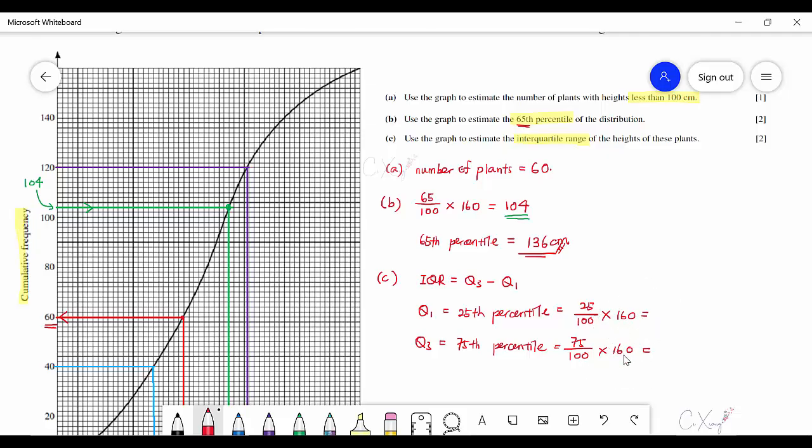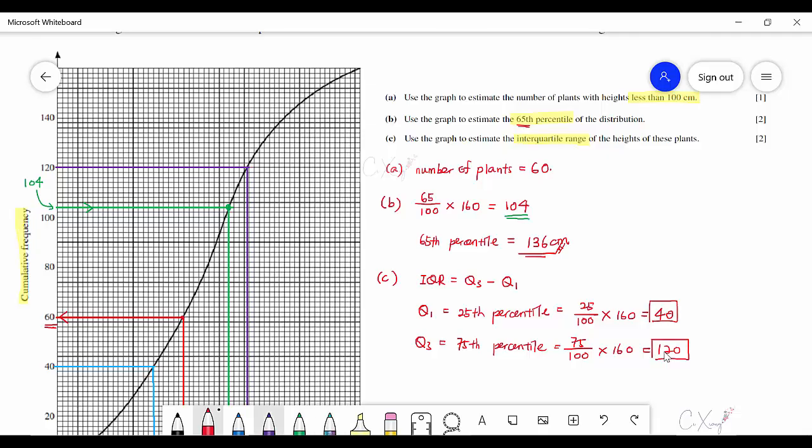Then for Q3, you take 160 divided by 4 multiplied by 3. For 160 divided by 4, you get 40. Then 160 divided by 4 multiplied by 3 gives the location for Q3, which is 120. Please take note that all these are not values. They are just locations where you want to read the value from the graph.